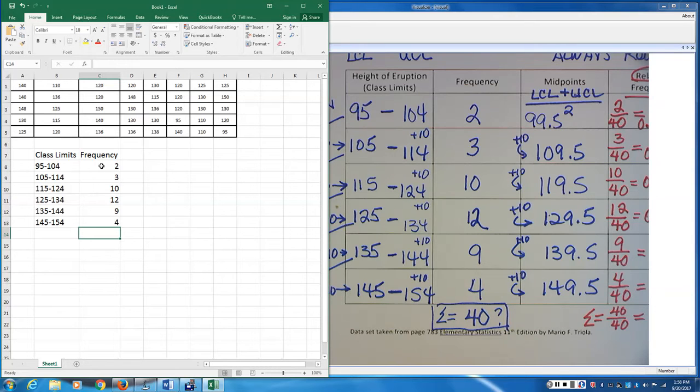If you have all your data highlighted, you don't even need it. We're just going to use the table, but I'm going to show you how to do it.